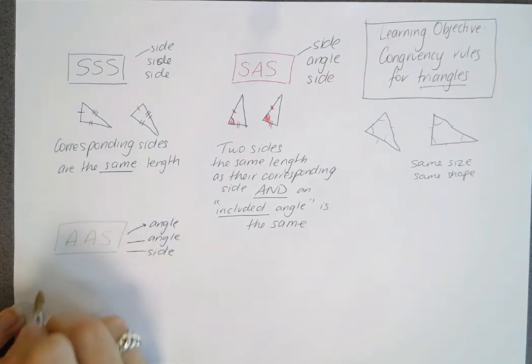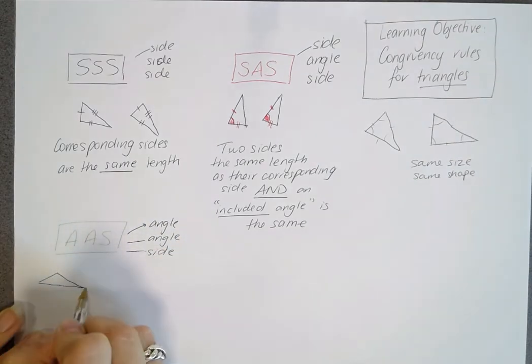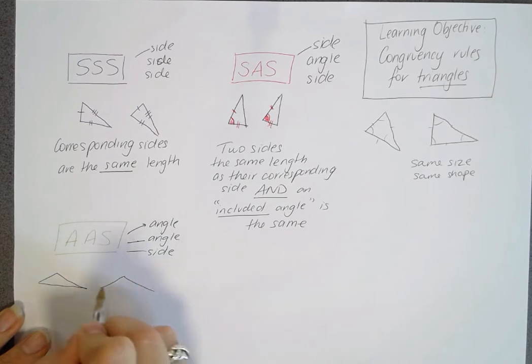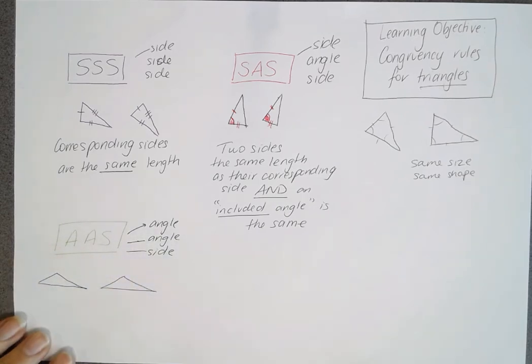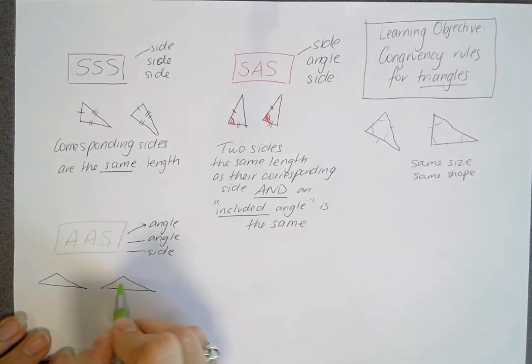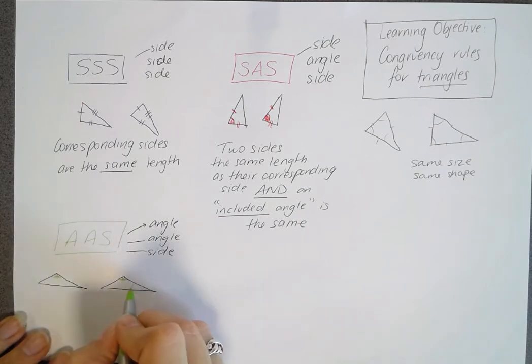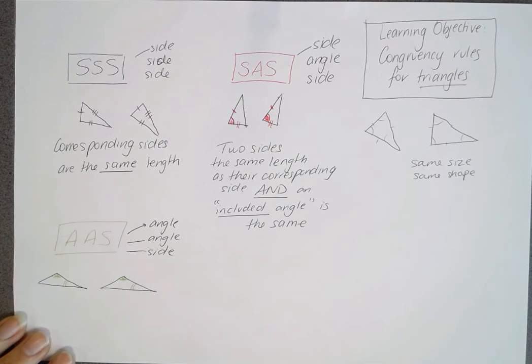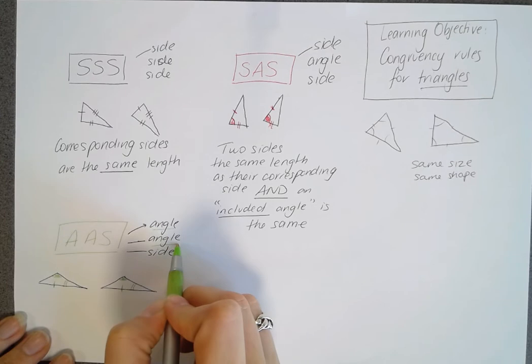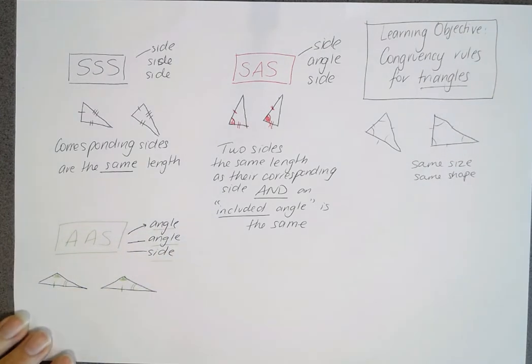This time the triangles that we create, in order to test that they are the same, they must have one angle that is the same as its corresponding, another angle that is the same as the corresponding one, and just one side. So 2 angles and 1 side that are exactly the same.